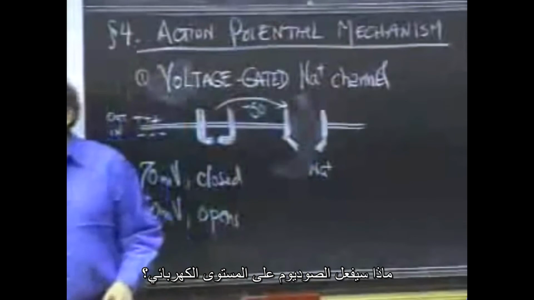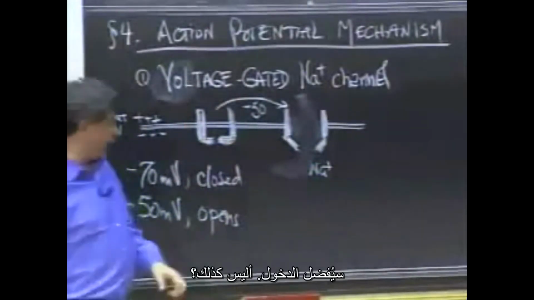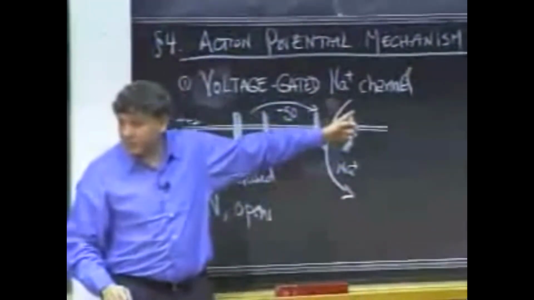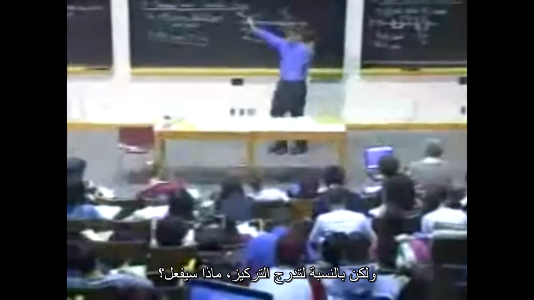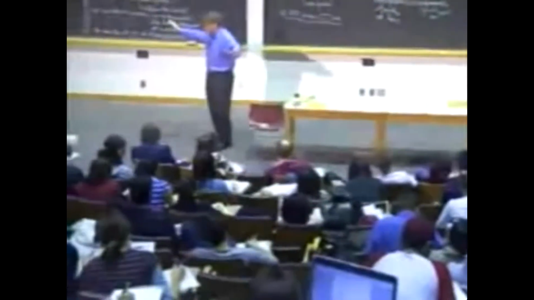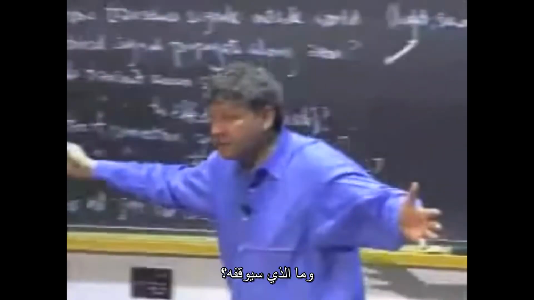Electrically, what would sodium like to do? It would like to come in, wouldn't it? Because it's negative inside and sodium's positive. But from a concentration gradient, what would it like to do? Come in also.